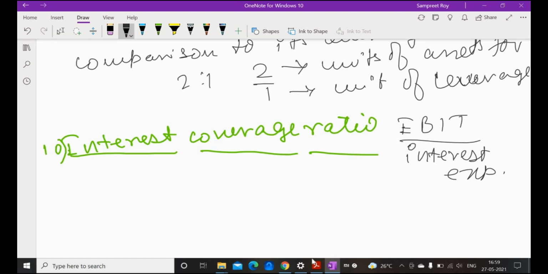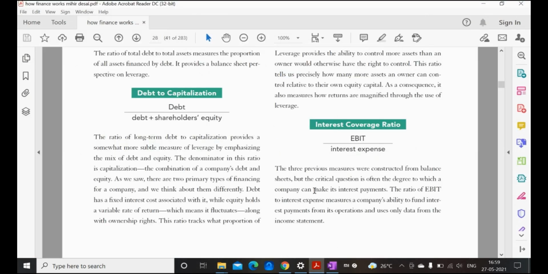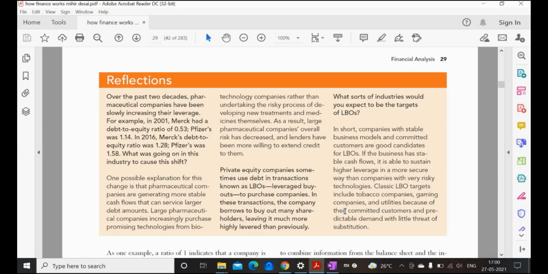It indicates what fraction of the earnings before interest and taxes is spent on interest expenses. The three previous measures were constructed from the balance sheet, but the critical question is often the degree to which a company can make its interest payments. The ratio of EBIT to interest expense measures a company's ability to fund interest payments from its operations and uses only the data from income statements.